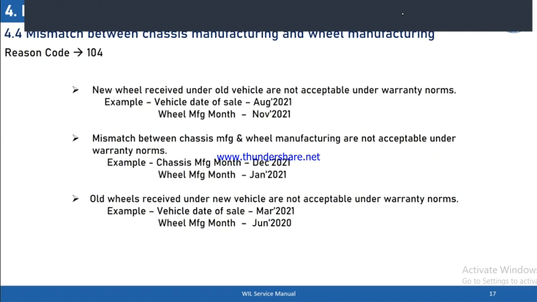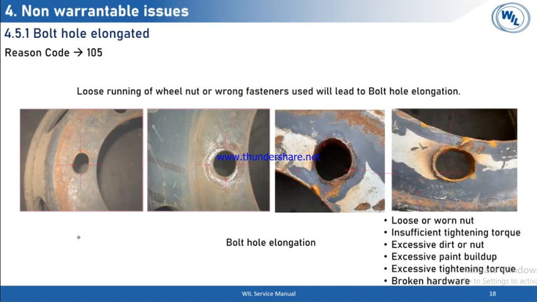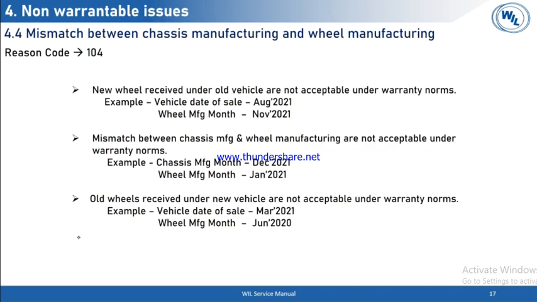If it is more than that, then it will be a mismatch and will also not be covered under warranty. This is because some fleet owners have 4 or 5 vehicles or 10 vehicles, and they take old vehicle wheels, put them on the new vehicle, and claim warranty. That is to avoid that, we are giving this warranty clause.